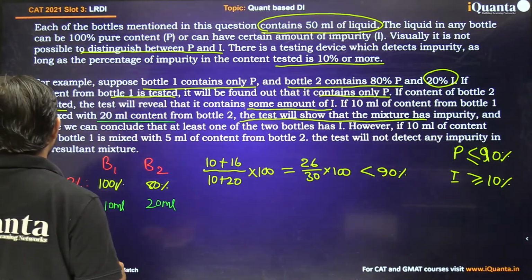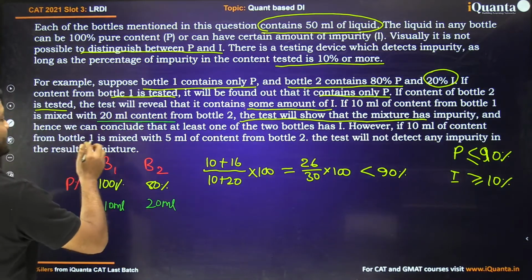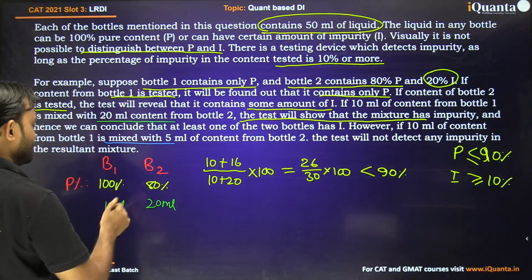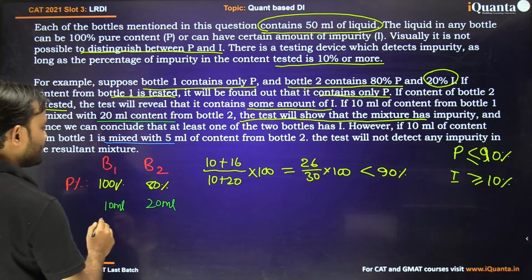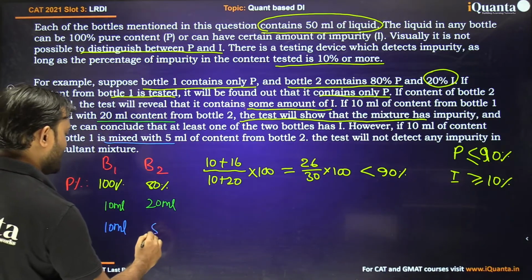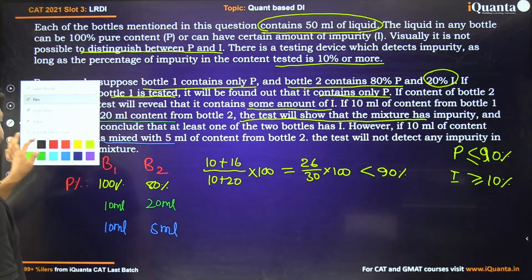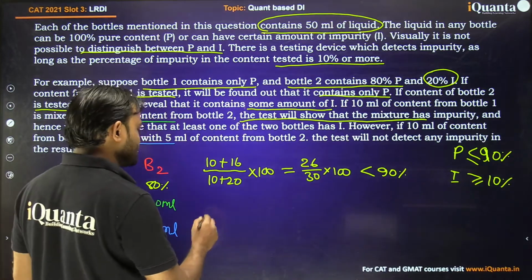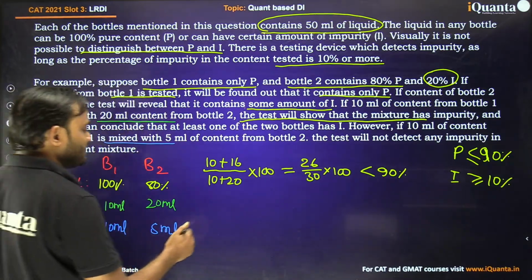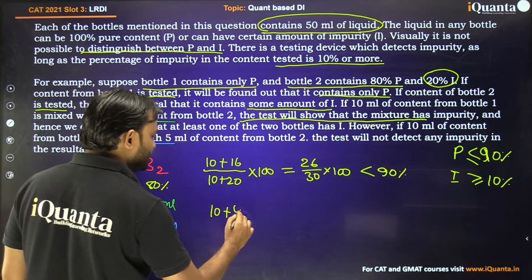Now the second example is given. Let's take 10 ml from bottle 1 and 5 ml from bottle 2. What will be the purity percentage of this mixture? Can we say 100% of 10 ml will be 10 plus 80% of 5 ml will be 4.